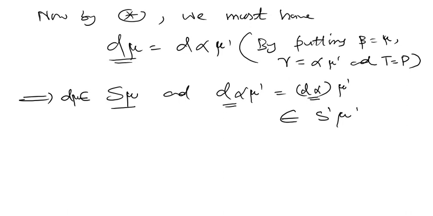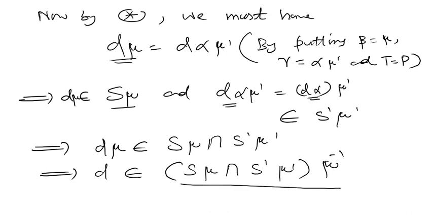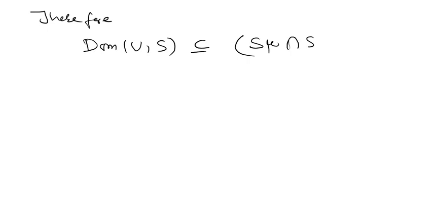But d mu and d alpha mu prime are actually the same element, they are equal. So d mu belongs to the intersection S mu intersection S prime mu prime, which means that d belongs, applying mu inverse on both sides, to S mu intersection S prime mu prime inverse. You had taken d from the dominion and it is in here, therefore the dominion of U in S is a subset of S mu intersection S prime mu prime inverse.